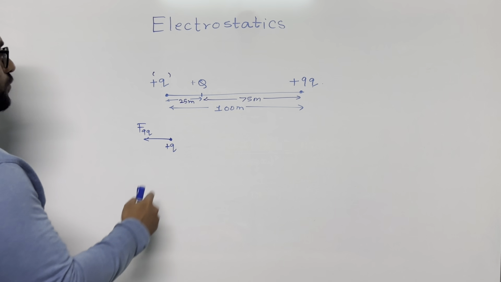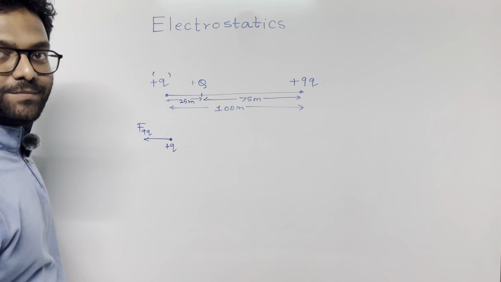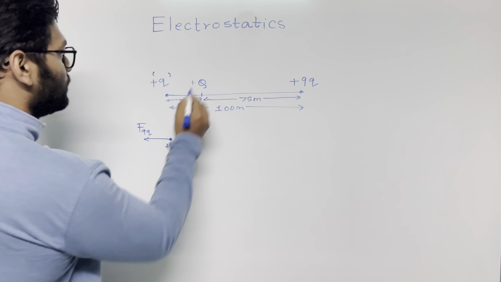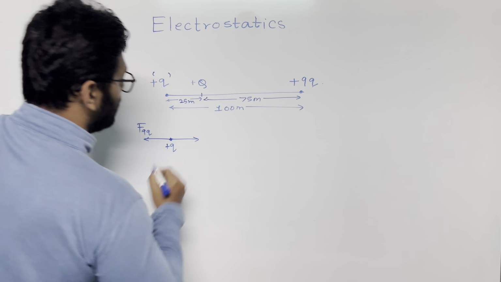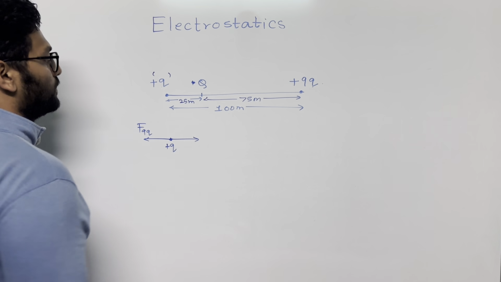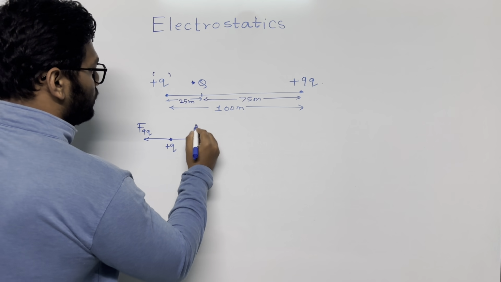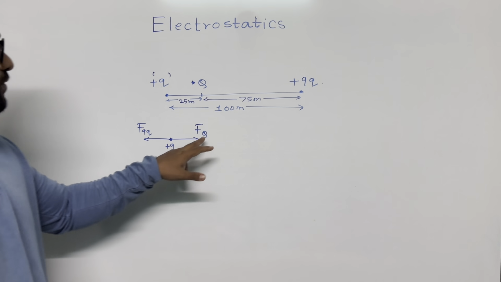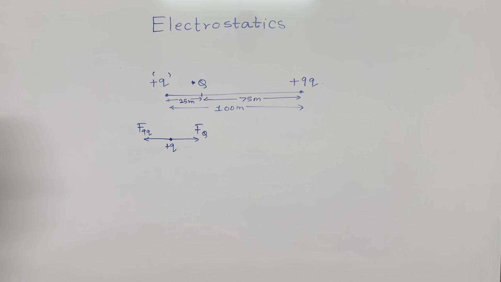Now to balance that force, this Q has to be negative, because otherwise it will also repel in the same direction. So this has to be negative, so that it will attract it here. This is not positive, negative. And let's say that force is Fq. We'll find out the value of Q.